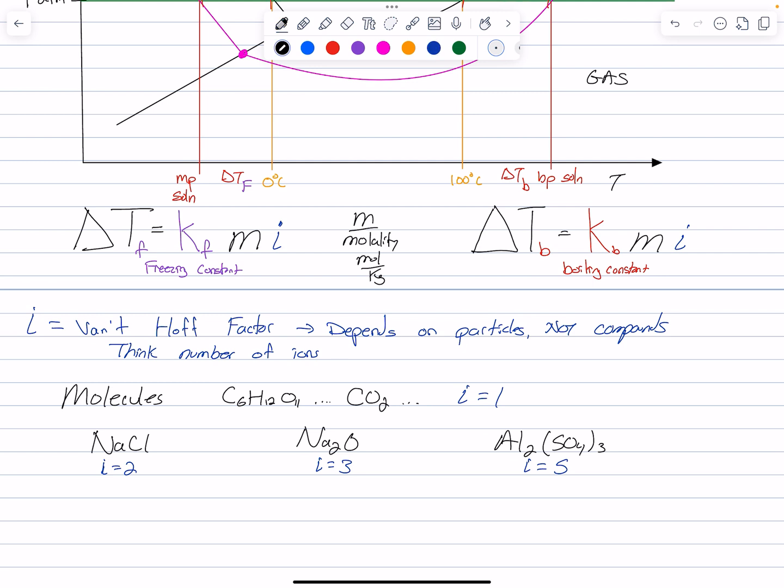Now note, so you know, the measured i, or the measured Van't Hoff factor, okay, versus the predicted or theoretical Van't Hoff factor, right, are not always the same.